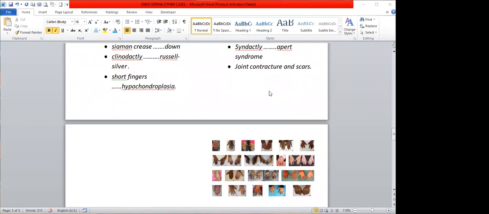So how about osteogenesis imperfecta? Yeah, possible, but there will be prominent bony findings, like excessive repeated fractures, curvature of the bone, and sometimes blue sclera along with this contracture.